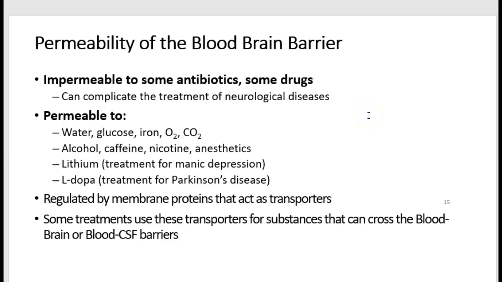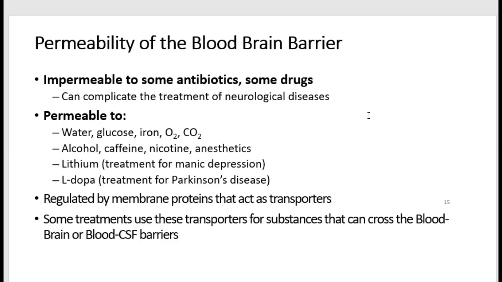This blood-brain barrier is impermeable to some drugs, such as certain antibiotics, and it can complicate the treatment of neurological diseases. But it is permeable to, of course, water, glucose, iron, and the gases oxygen and carbon dioxide.